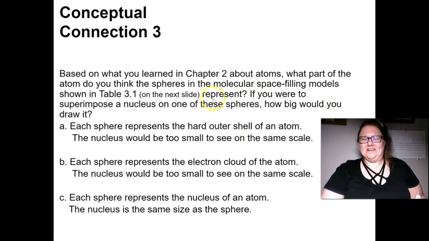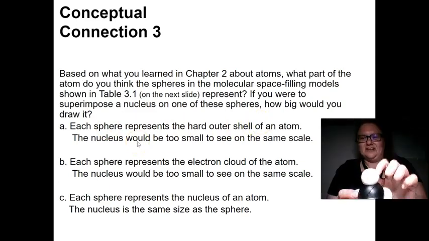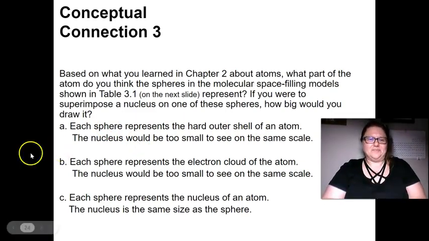Okay, so my animation didn't come up on that slide to show the answer, so I will read it. So each sphere represents the hard outer shell. No, it's not a hard outer shell on the atom. Even though the model kit is a hard substance, that's not actually an atom. Let's look at B. Each sphere represents an electron cloud. The nucleus would be too small to see on the same scale.